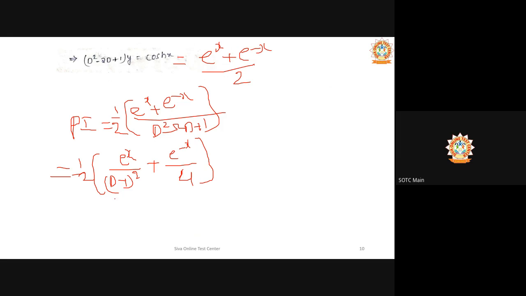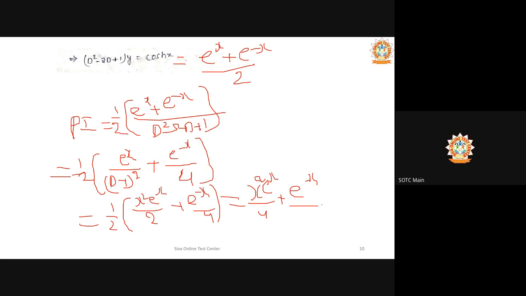Now for this e power x by (D minus 1) whole square, 1/2 into x square e power x divided by 2 factorial, that is 2, plus e power minus x by 4. Now if you take this 1 by 2 inside, it will become x square e power x divided by 4 plus e power minus x by 8, నాన్న.